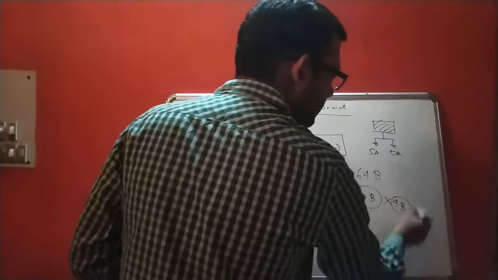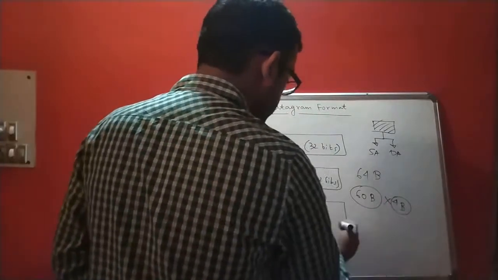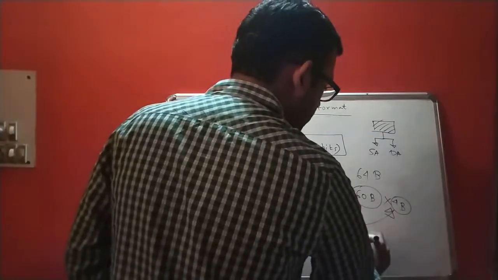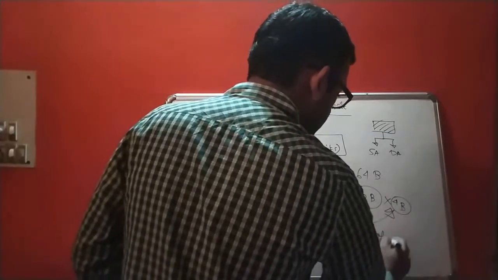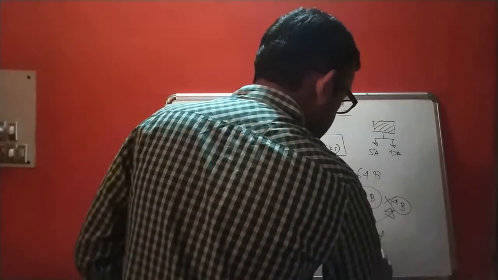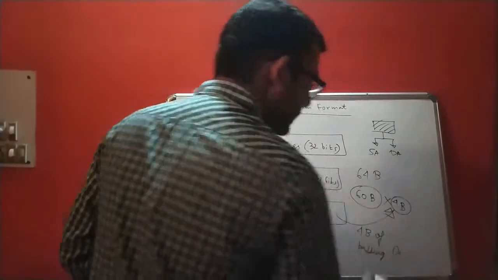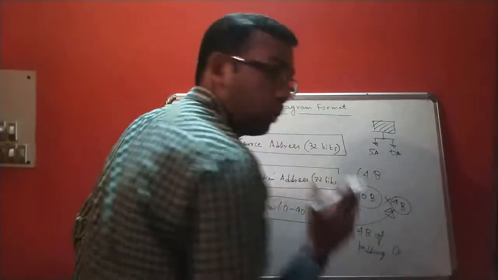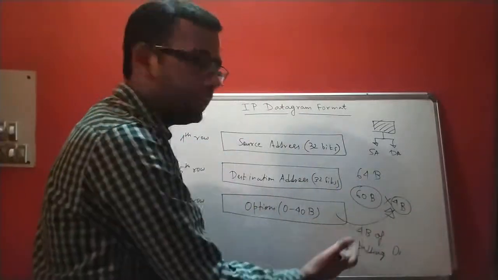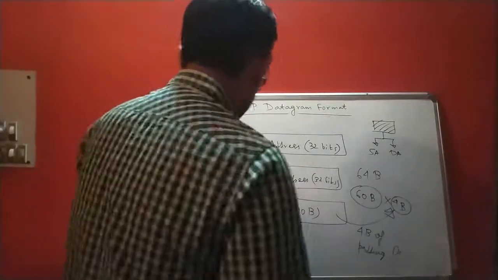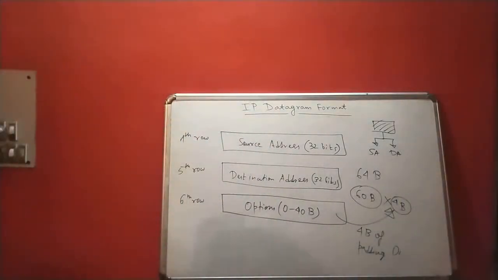How can you make up these 4 bytes? You can make them up from this options field. You can go for 4 bytes of padding zeros. Then you will be able to conform with the Ethernet standard and the transmission process can proceed successfully. Okay, so this was all about the IP datagram format.